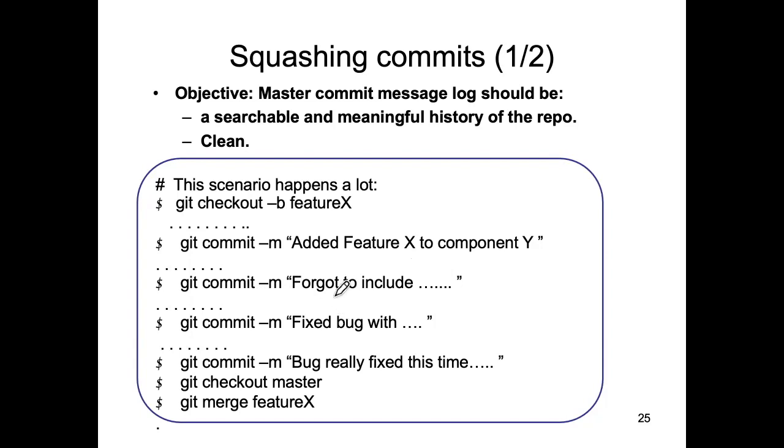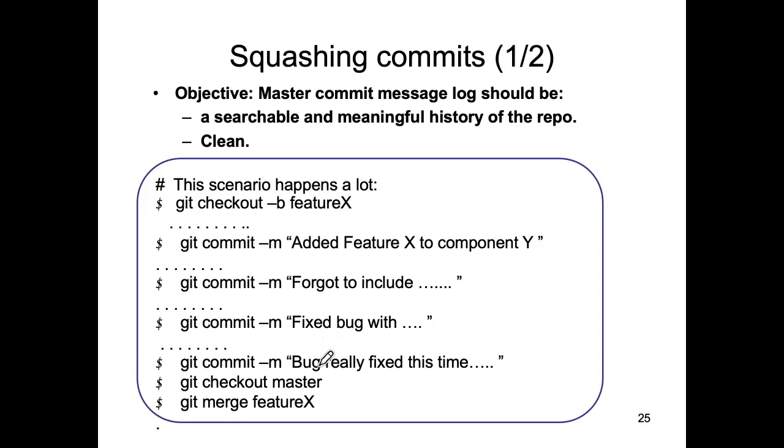Now, these messages here, we don't really want to see those appearing on the master branch. We just want to see the one that says the feature has been fully completed. That's it. But this is real life. These are the things that happen when we are doing development.